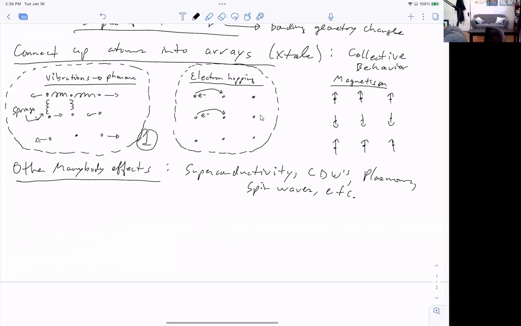Both of these topics involve quantum mechanics and stat mech, although there's more quantum mechanics in the electron hopping part. In the vibrations and phonons, there's also quantum mechanics, but it's more stat mechy, I think. But we'll do the vibrational properties first, and then the electronic properties next. I'm talking about over a period of weeks.